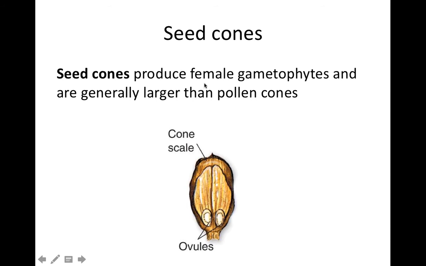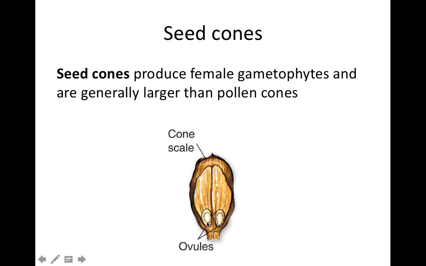Okay, seed cones produce the female gametophytes. What you're seeing here is one of those scales from a seed cone. If you've ever picked up a pine cone and tried to look in between those scales, you can often find seeds in them. Usually there are two with every scale.